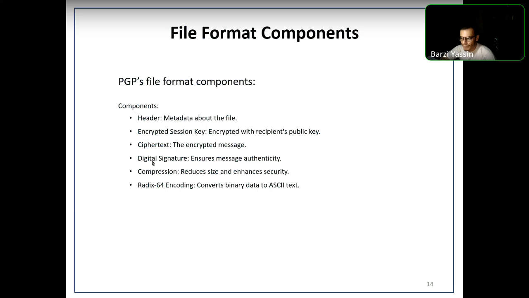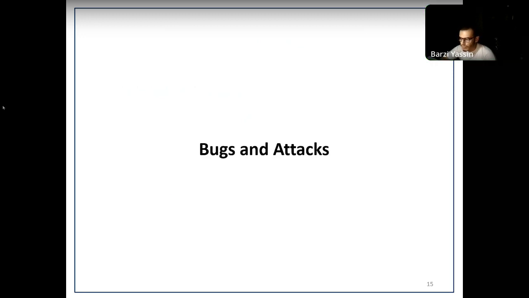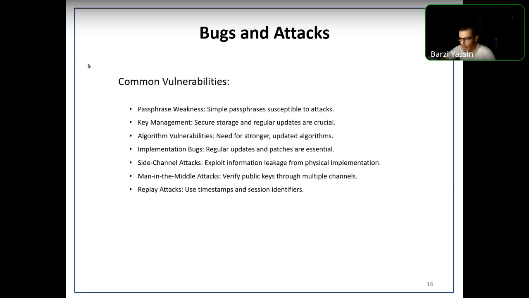And a digital signature ensures message authenticity. By the way, compression reduces the size and enhances security. And Radix-64 encoding. This is one of the encoding methods. It converts binary data into ASCII text in a character sequence.